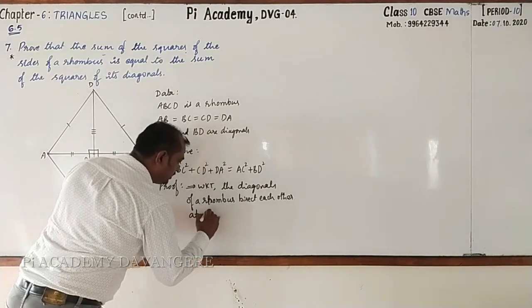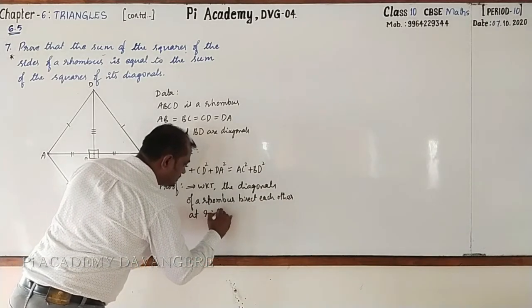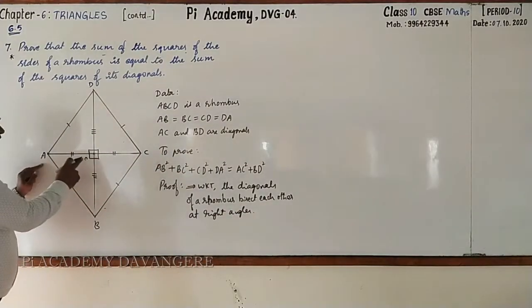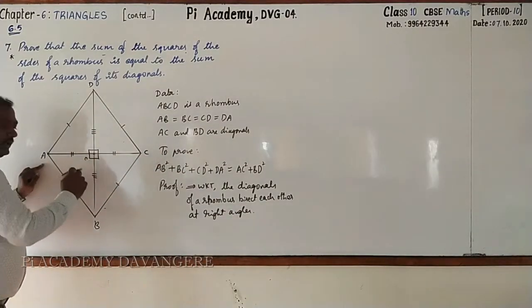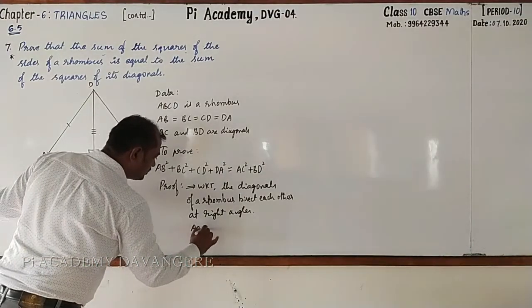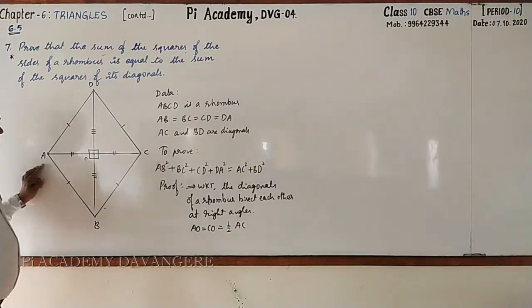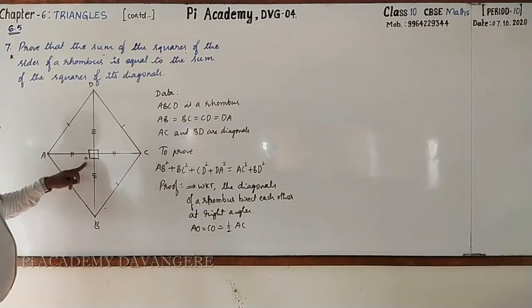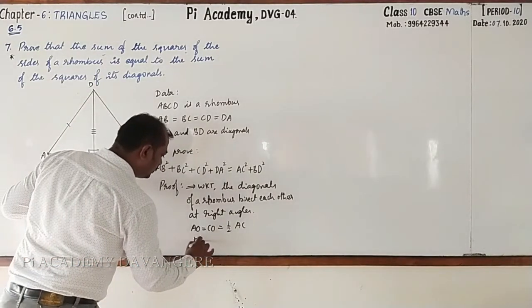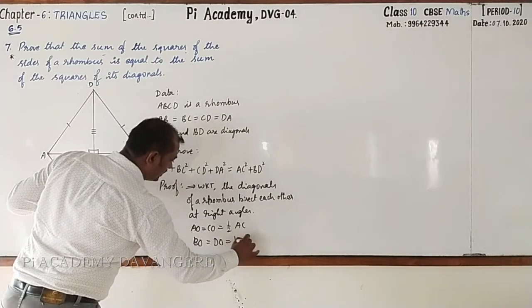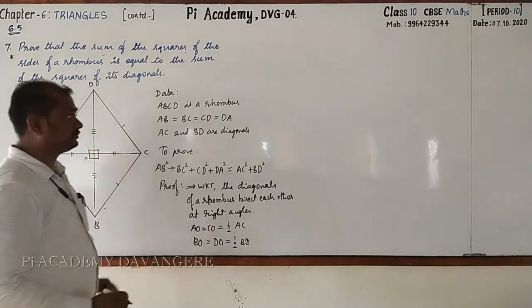This is also important. Then we can write AO and CO are equal. AO equal to CO, which is half of AC. Next, BO equal to DO, which is half of the diagonal BD.